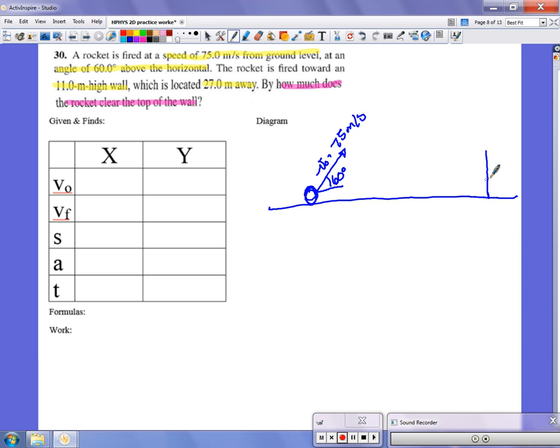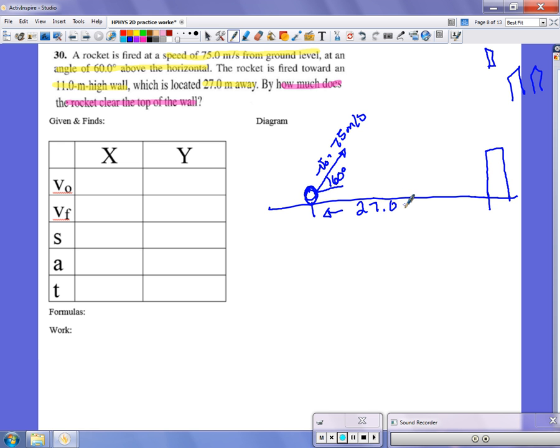And someplace over here we have a wall. By the way, it does not matter whether you draw the wall like this, or like this, or like this. You just need to be consistent about where you measure the base. So from here to here, I'm going to say is 27 meters.